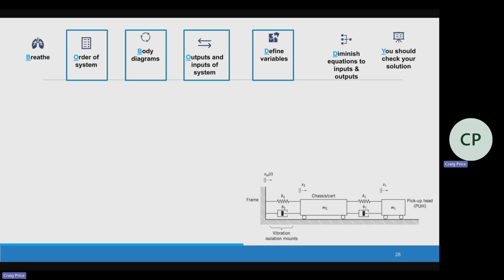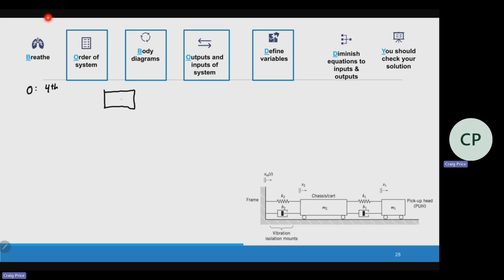What is the order of the system? It is fourth order. Thank you. I have two second order equations, two different masses, each with one degree of freedom. That's what we're working with. And now we get to the free body diagram.